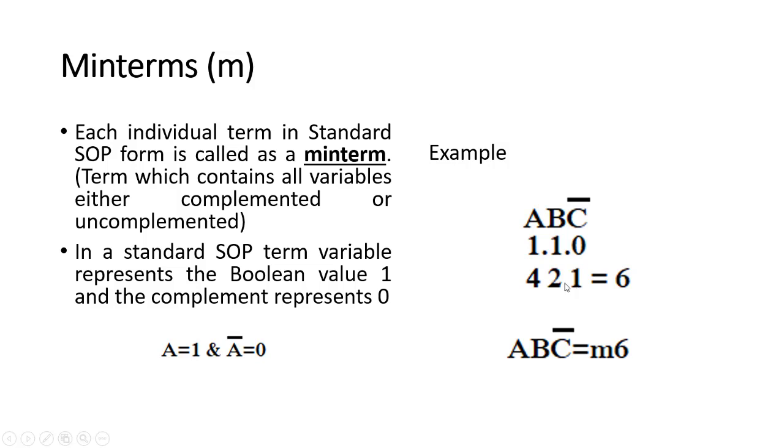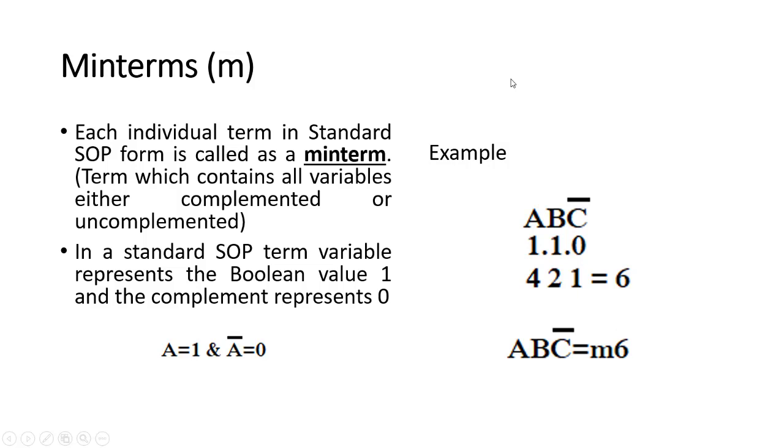And using the place values of the binary number system, we can find the decimal value of this binary combination. And then we use this symbol, this simple M. ABC bar we can write as a minterm like this, M6.